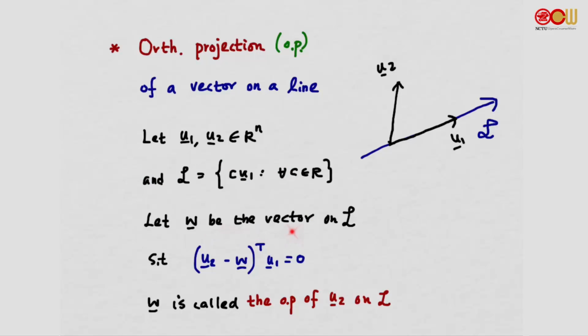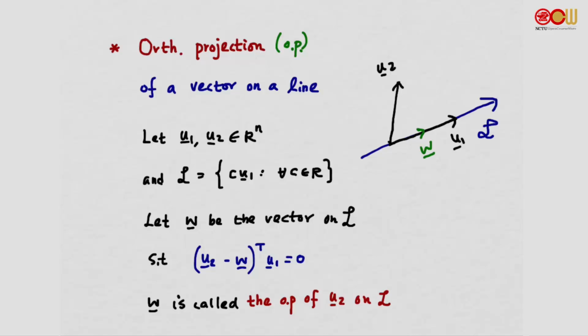W is the vector on L such that U2 minus W is perpendicular to U1. And this W is called the orthogonal projection of U2 on L. So what is W? W is a special vector. Why?